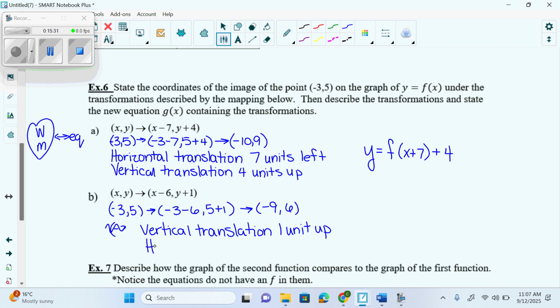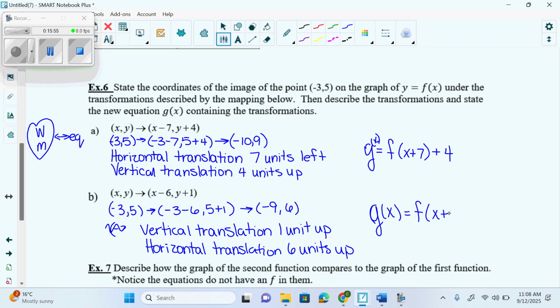And a horizontal translation, 6 units left. And our equation, g of x equals f of x plus 6, plus 1.